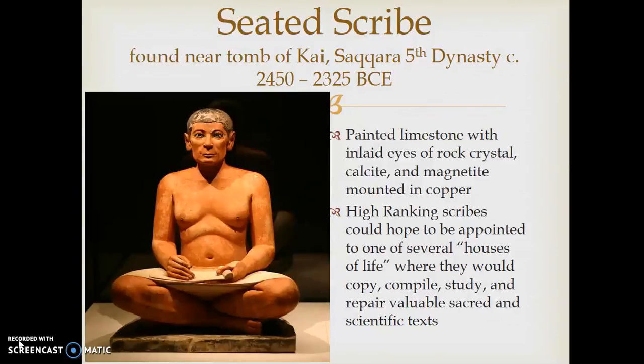This is actually painted limestone, and I think this is cool because we get to see what it looks like painted. And he's important because do you see how he doesn't have this ideal body type? He's a little flabby. Scribes would have been high-ranking people appointed to study and document things.